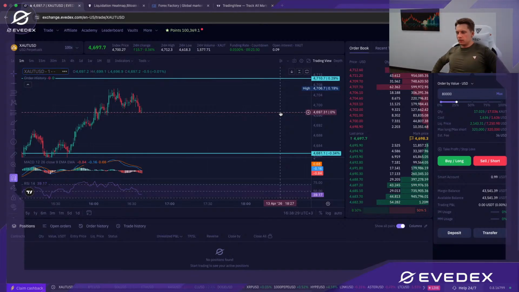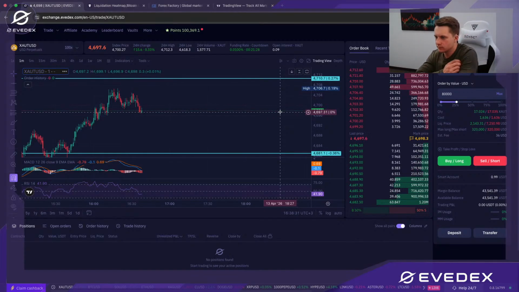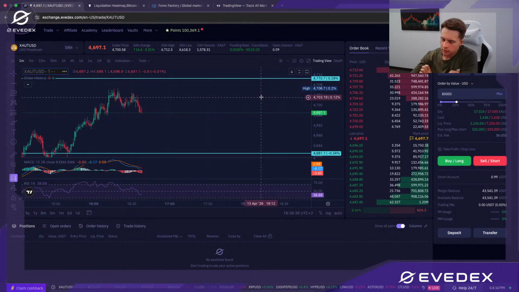Currently waiting on that price. We need a clearer view on where it's headed. I feel like it is coming down for a reversal to that support level.